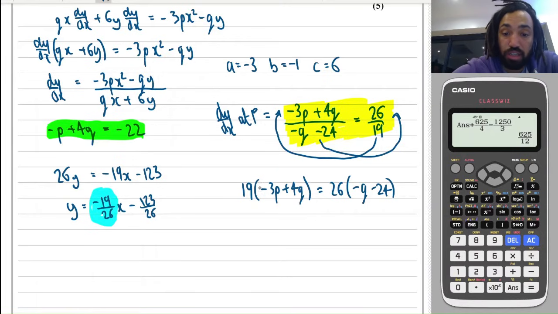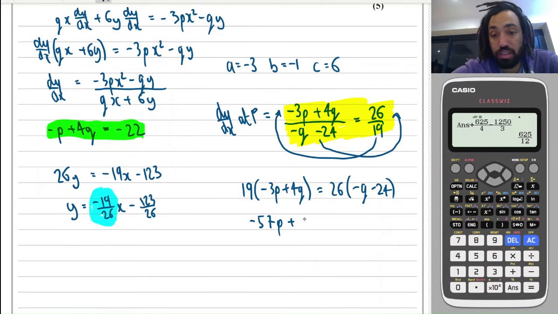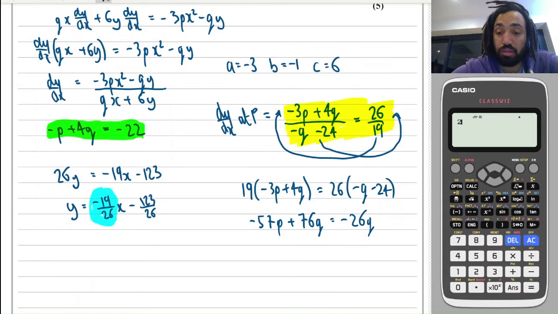Expanding the brackets, 19 times 3 is 57, as we know from our darts. 19 times 4 is 76, and you're going to get minus 26q, and 26 times 24, I think it might be, I'm not going to embarrass myself, 624, minus 624.